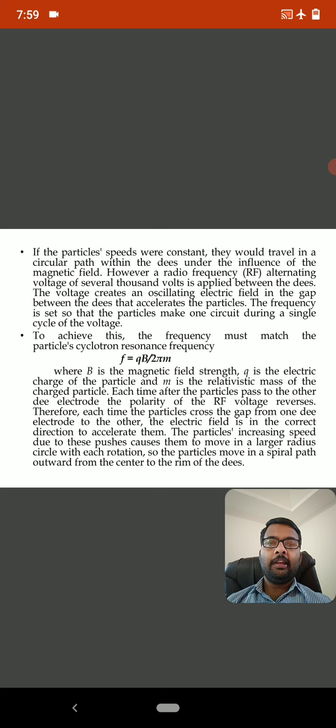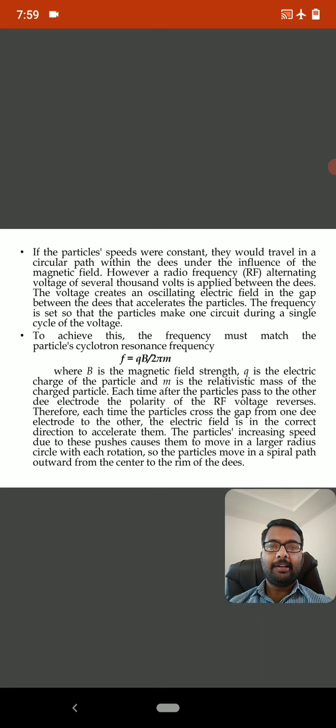However, a radio frequency alternating voltage of several thousand volts is applied between the D's, that is, between the two electrodes.